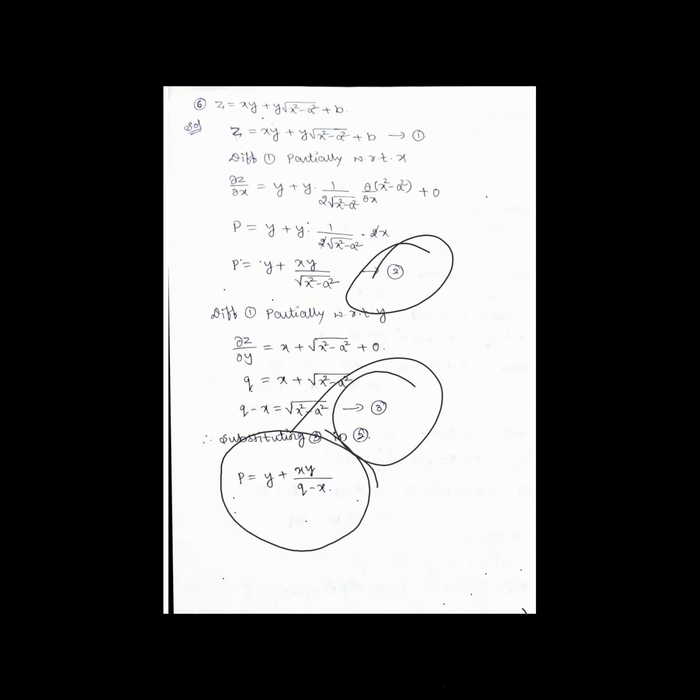So I'll substitute this square root of x square minus a square, that is q minus x. So what I'm getting, p is equal to y plus xy divided by q minus x. So from 3 and 2, I eliminated all the arbitrary constants.